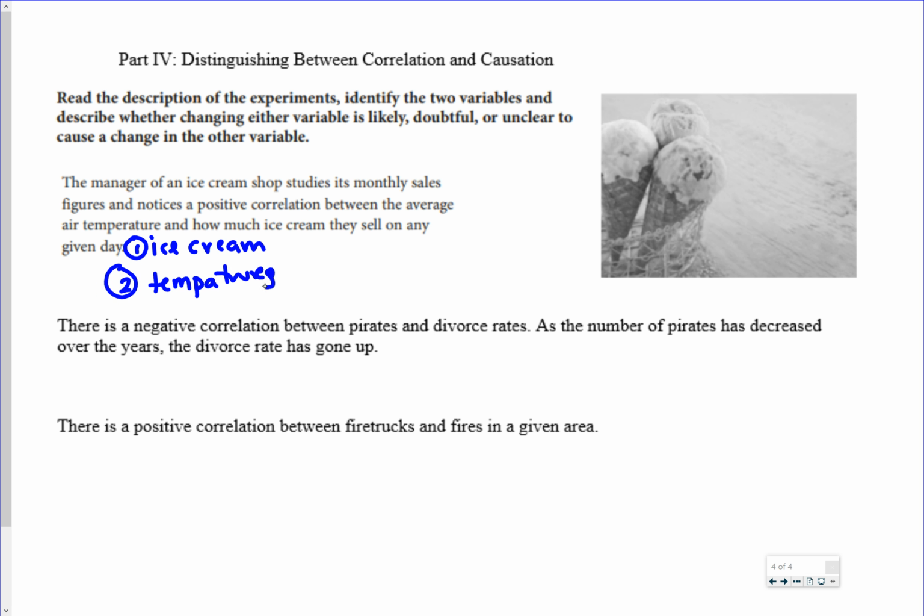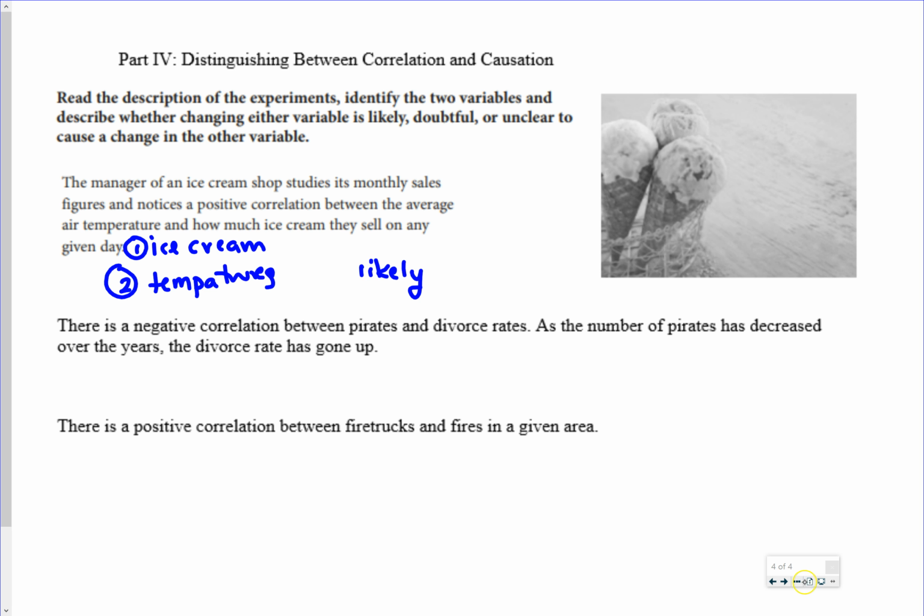And this is saying, do the temperatures cause more people to buy ice cream? I'm going to say that this is definitely likely. It is likely that higher temperatures cause the ice cream sales. When it's hotter outside, people get ice cream. When it's colder outside, people don't want ice cream. So temperatures, I think, absolutely cause ice cream sales to go up.